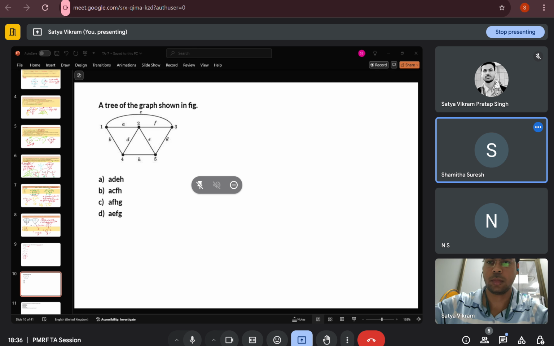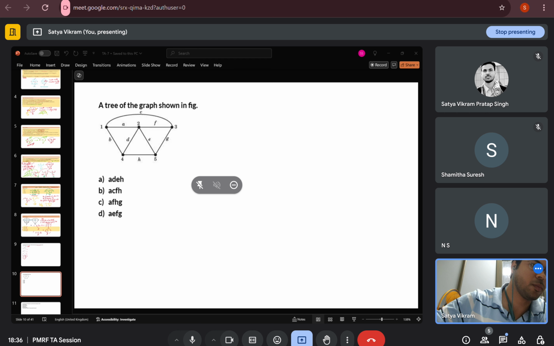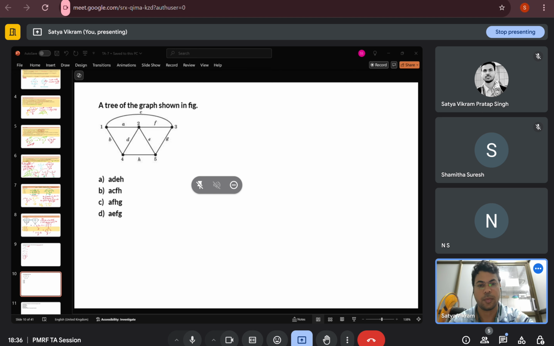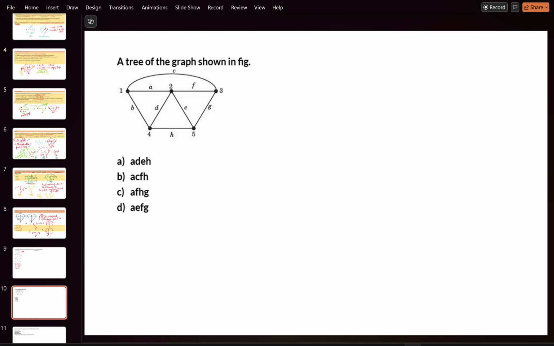Option C, okay. I'm giving one more minute to solve, and you can verify your answer as well, whether it is correct or not. Take your time and verify that.